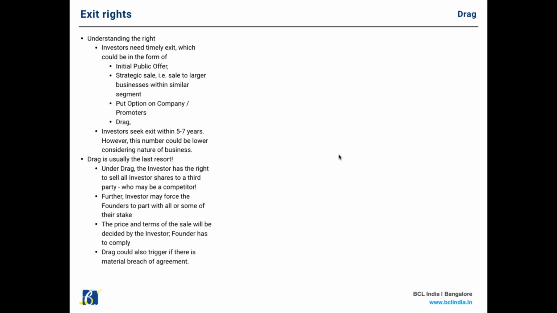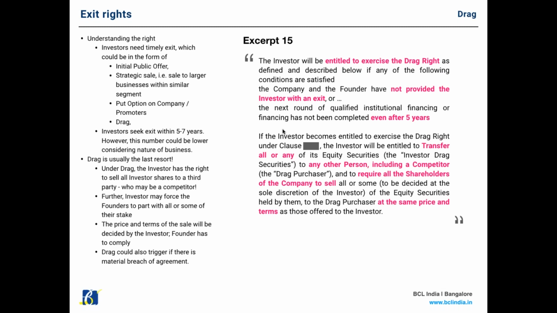Now, if the investor forces the company to sell all its assets, forces the promoters to sell the company itself, please note that the investor can sell the company to a competitor, and he can sell complete shares, and the founders will not be able to stop the investor from doing so, right?